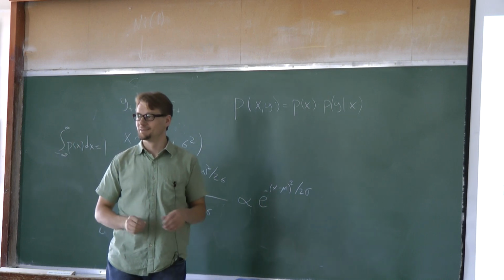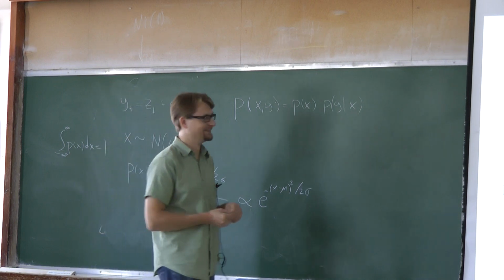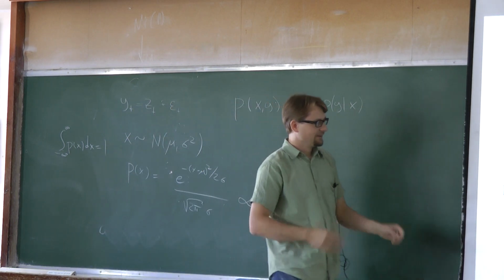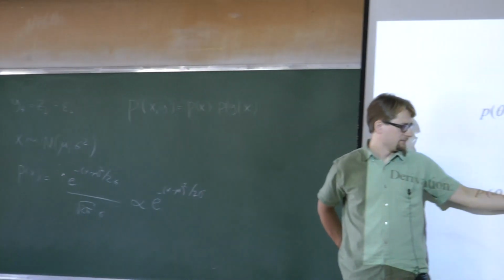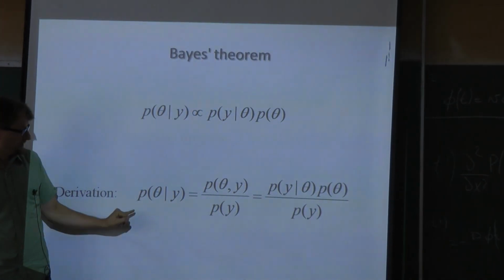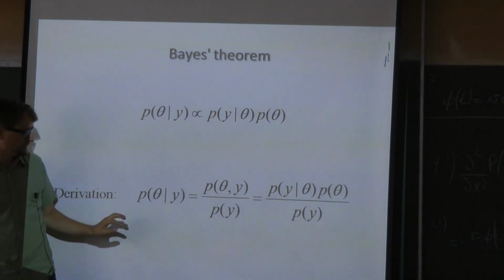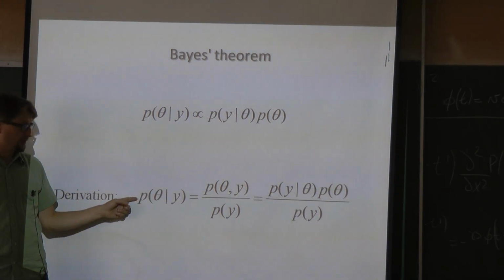Okay, so what we have here is the joint probability of theta and y, which is the same as the probability of y times this conditional probability.